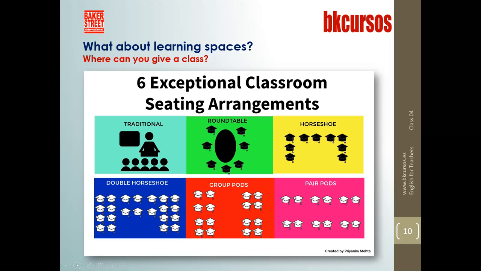How do you arrange your class? A traditional one. What's the advantage of that? Lets you see everybody, they're all looking at you and you're looking at all of them. Disadvantages? Maybe the ones at the back can disengage a little bit.